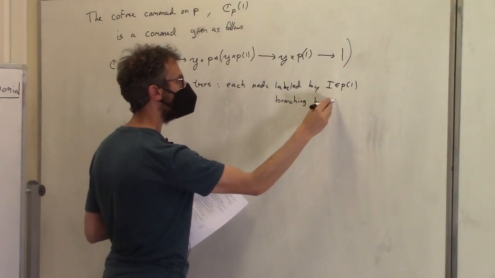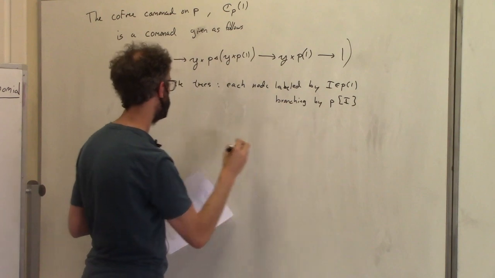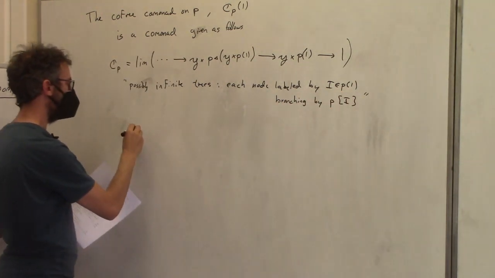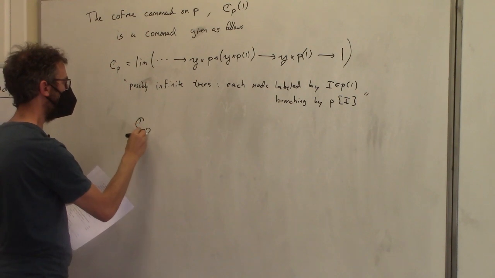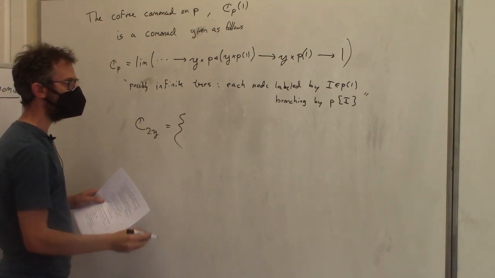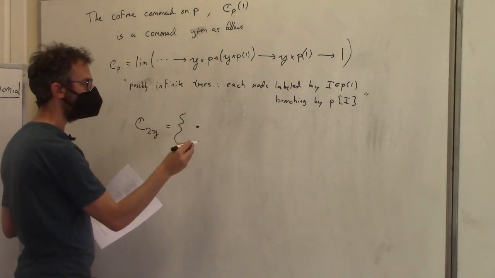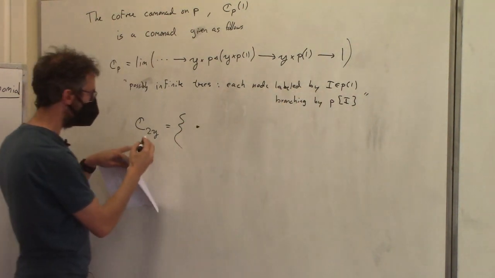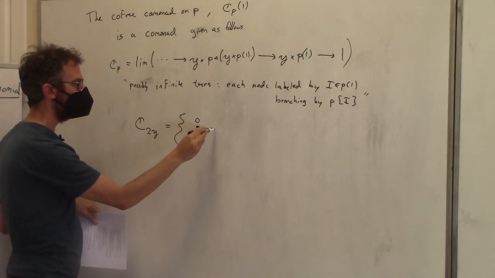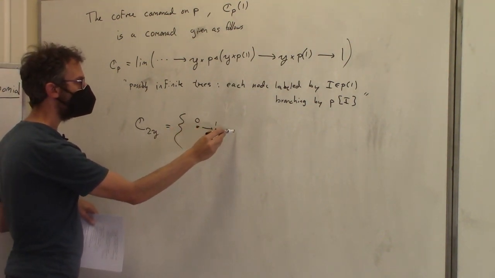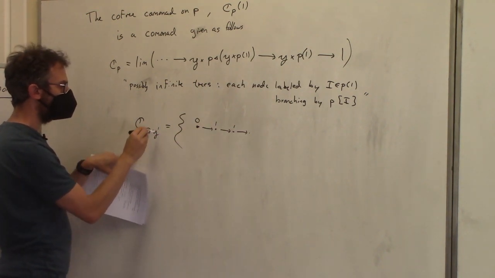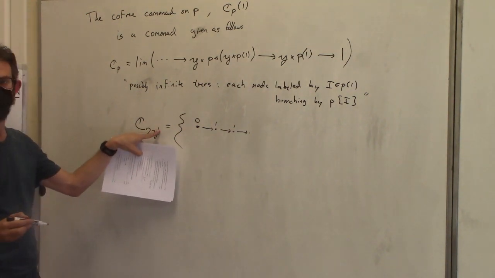by P bracket I. So for example, someone before asked about, say, 2y. C sub 2y is the set of all trees whose nodes are labeled by elements of this P of 1. So the nodes are labeled either by 0 or 1, and no matter which one they're labeled by, they branch this many times.